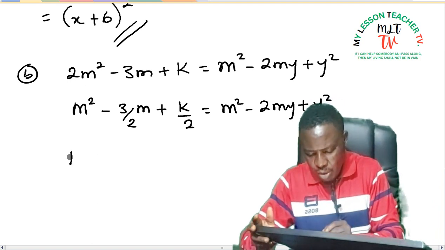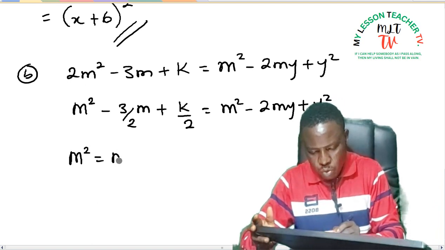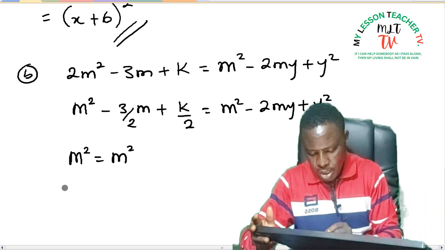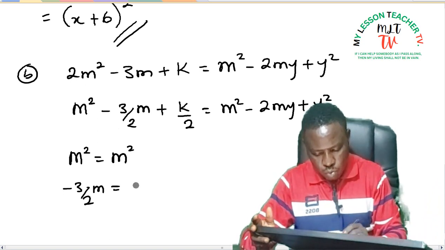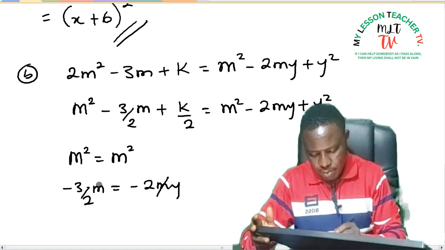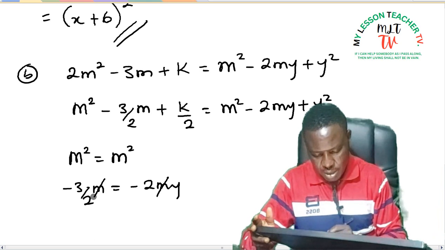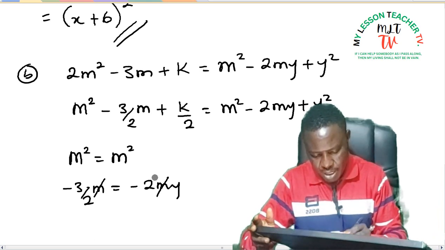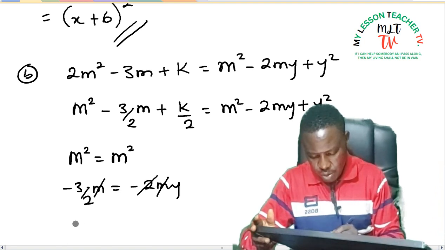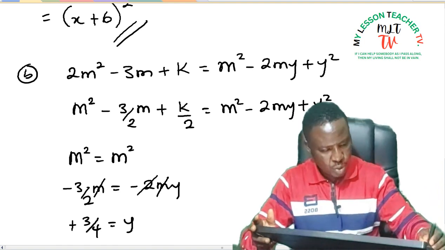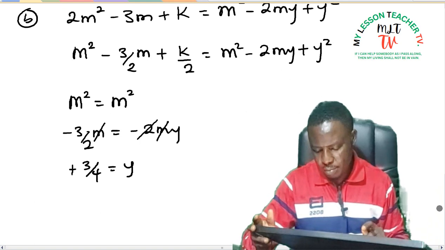Now, by comparing coefficients, m squared is equal to m squared, and minus 3 over 2m is equal to minus 2my. When you divide this by minus 2, this now becomes my, plus 3 over 4 is equal to y. So y is 3 over 4.